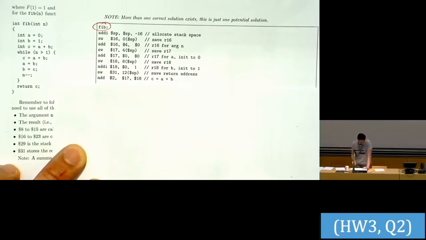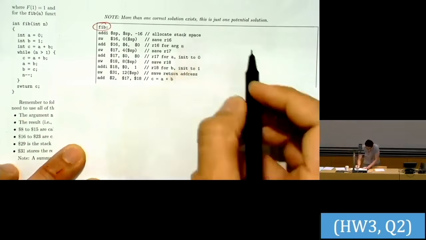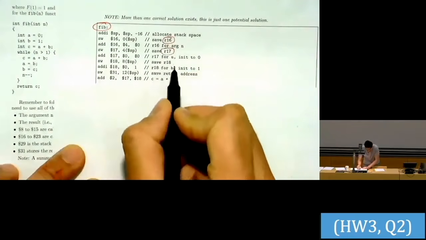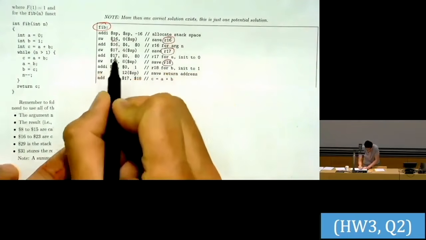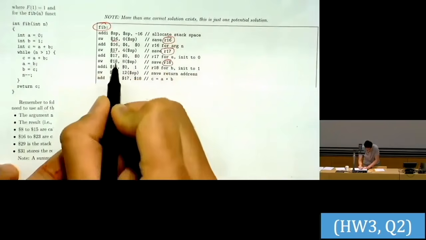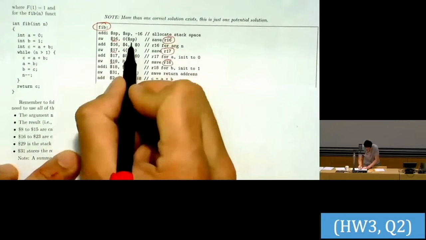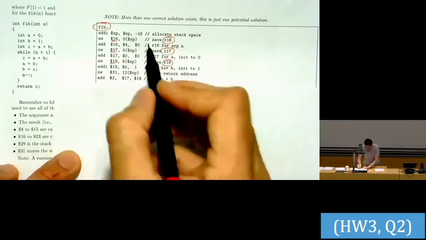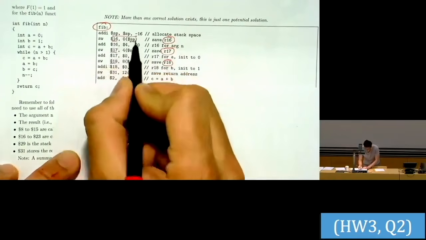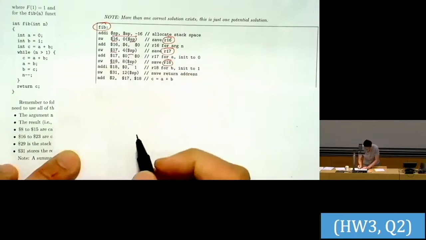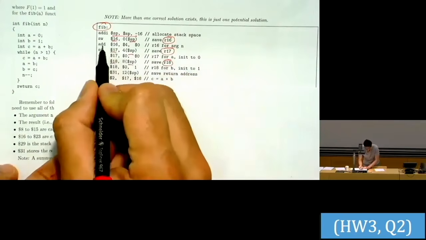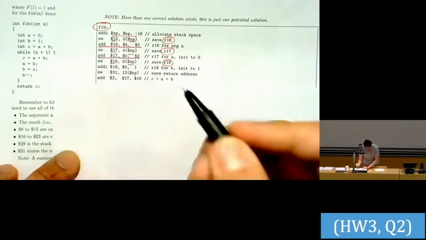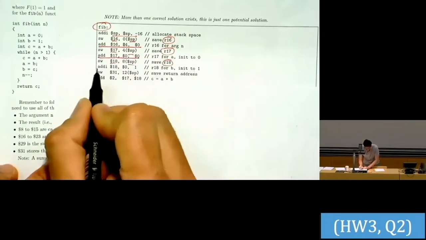So that's why the first thing we have to do is saving the registers, in this case, registers 16, 17, and 18. We store them in some part of the memory that is pointed by the stack pointer. And right after that, we initialize the registers with some values because we are going to use them.